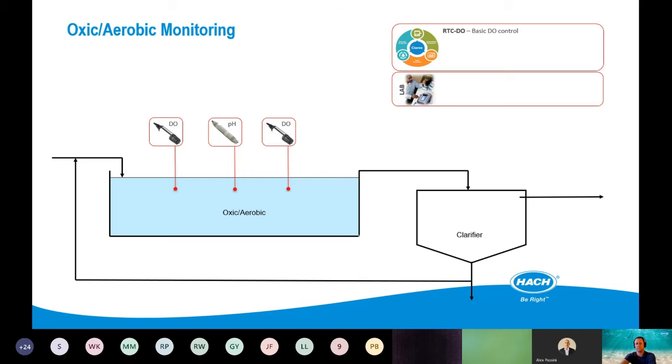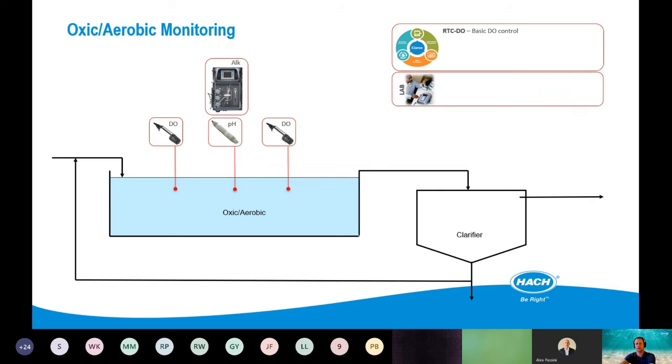And that can be done automatically with a program based out of Hach's new line of RTCs, real-time controls, that can control out of the box your aeration system if it's capable, if you have valves in the system to modulate airflow and/or multiple blowers to stage on and off. These all can be controlled by these real-time controls from Hach.